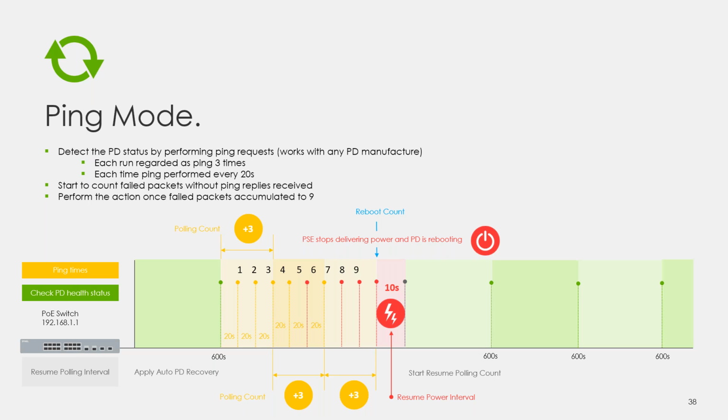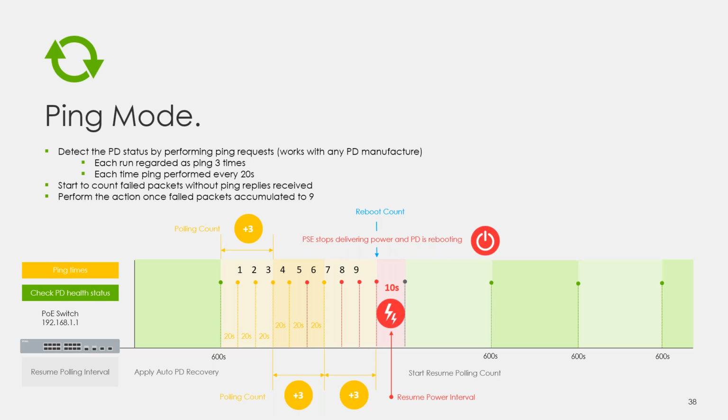And if it would take every false positive that it gets from the line, the cameras would be rebooted very, very often. So it has to make sure that it loses all of these 9 pings 3 times in a row for it to actually take action. So it has to make sure that the device is actually unresponsive at the other end.